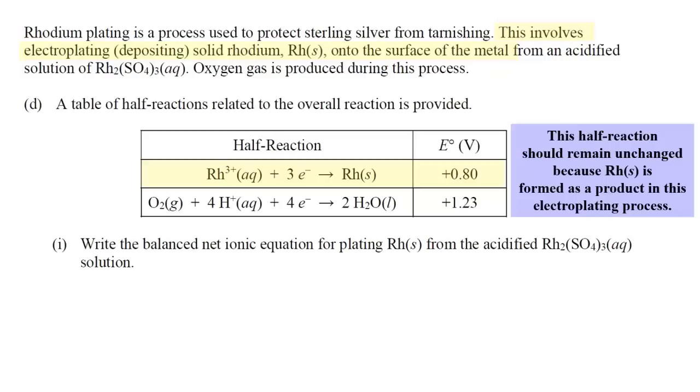And the answer is this half reaction should remain unchanged because solid rhodium is formed as a product in this electroplating process. So I'm going to rewrite that equation. I'm not going to change anything about it for the moment. I've just simply rewritten it in the space below.